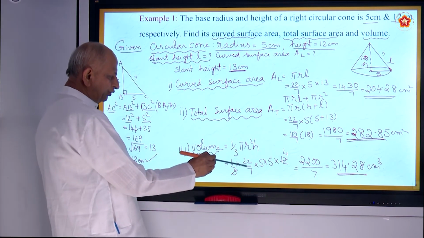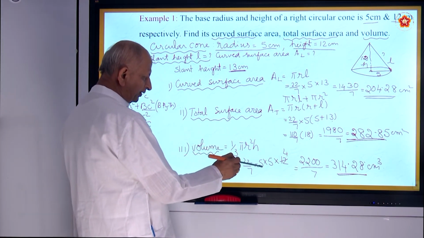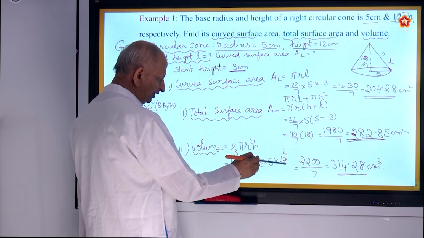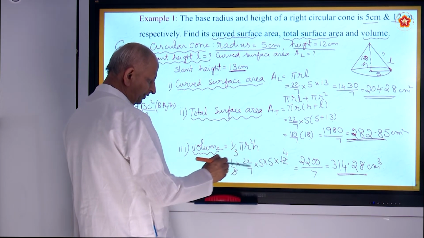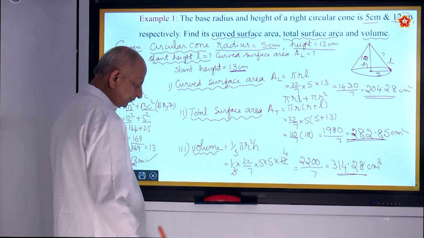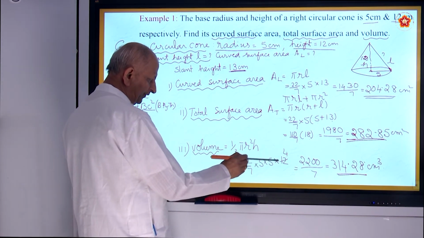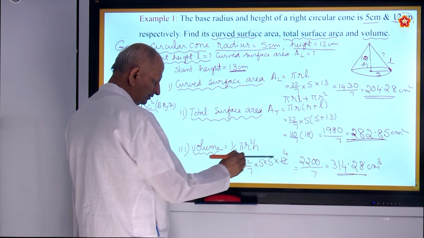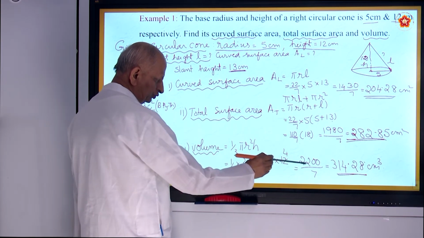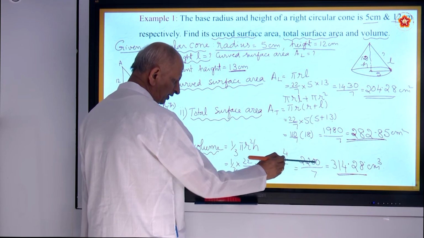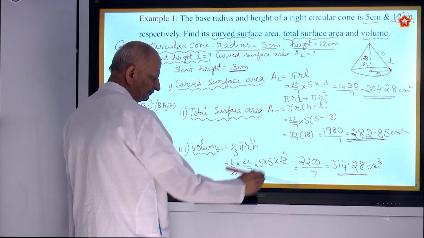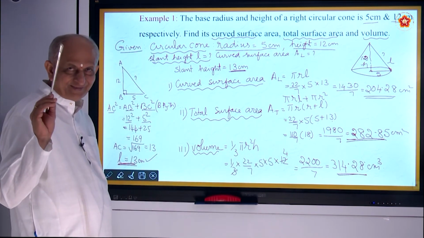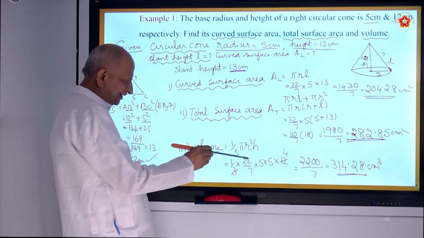So, pi is 22 by 7, r square is 5 into 5, into h is 12. So, 5 5s are 25, into 4, 100, into 22. So, 2200 divided by 7. Do not forget to divide. Usually you forget to divide.